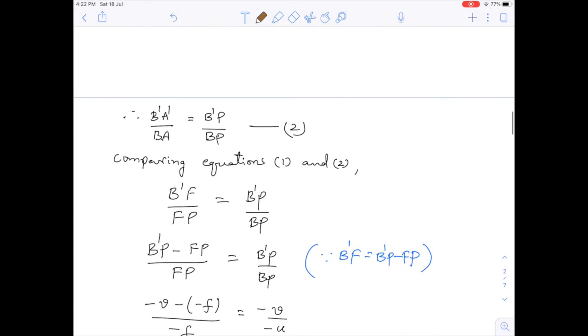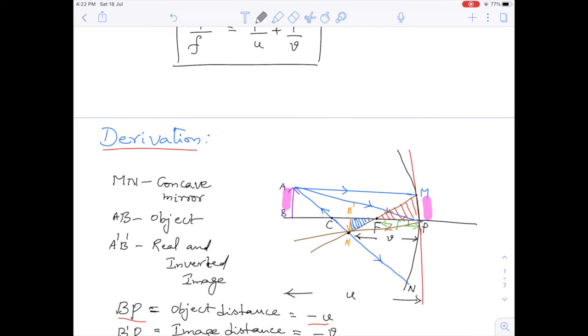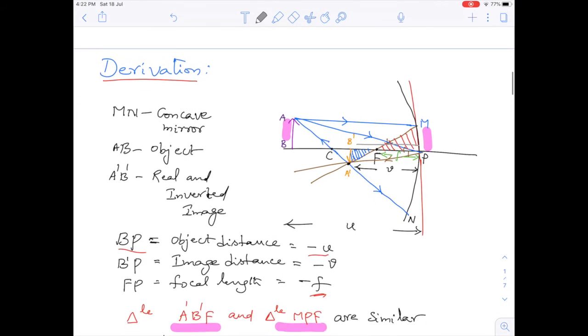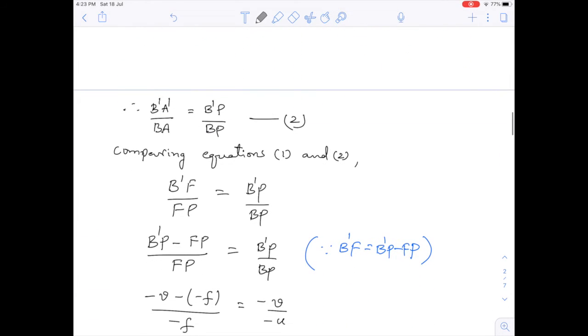Now what is B dash F? From the diagram, look at this, this is B dash P. That can be written as, I have written here: B dash P is B dash F plus FP.